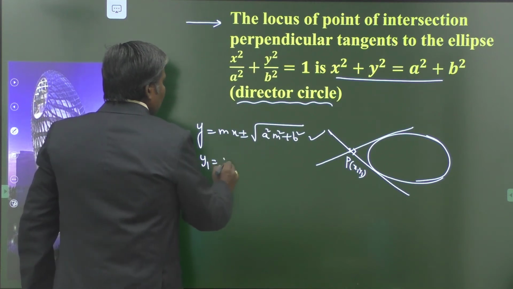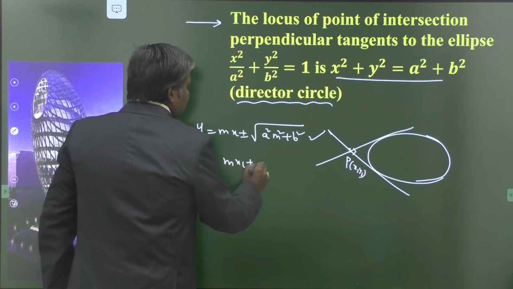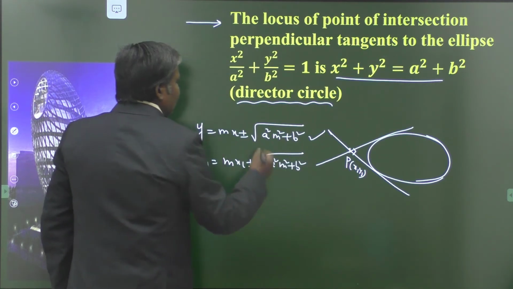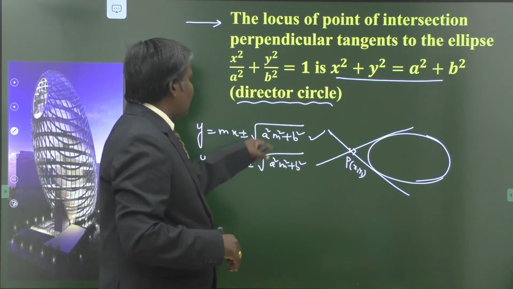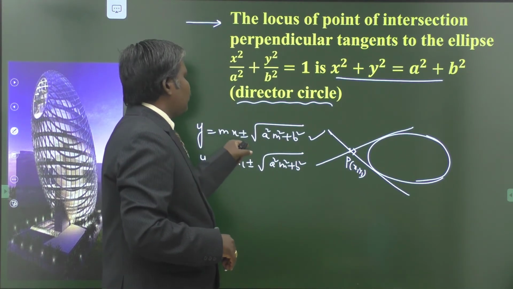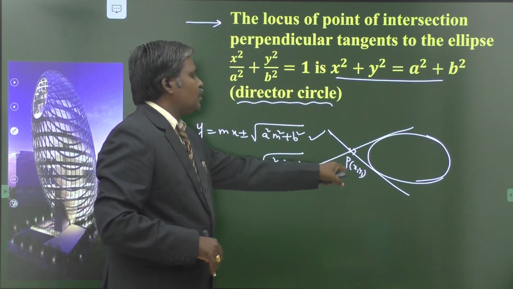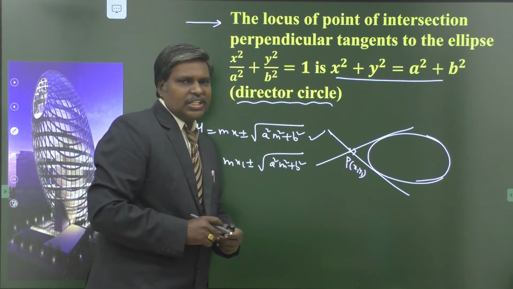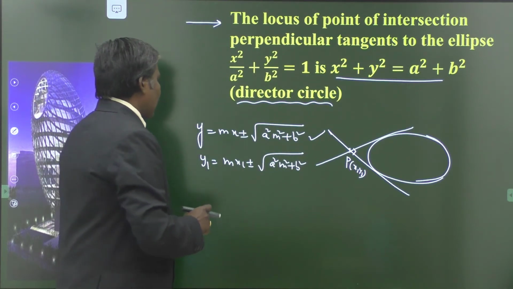What we obtain: y1 equals m x1 plus or minus root of a square m square plus b square. If it is our tangent, that equation should be satisfied by the point (x1, y1).